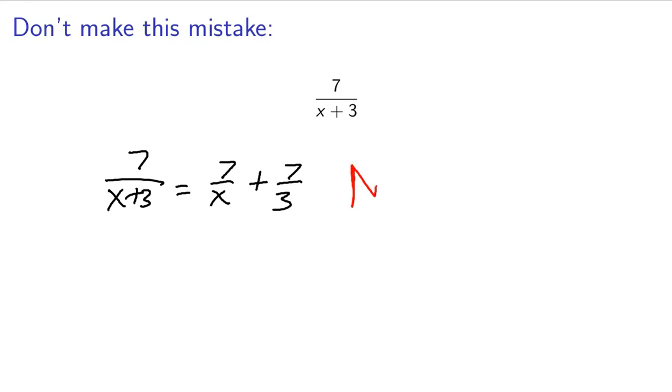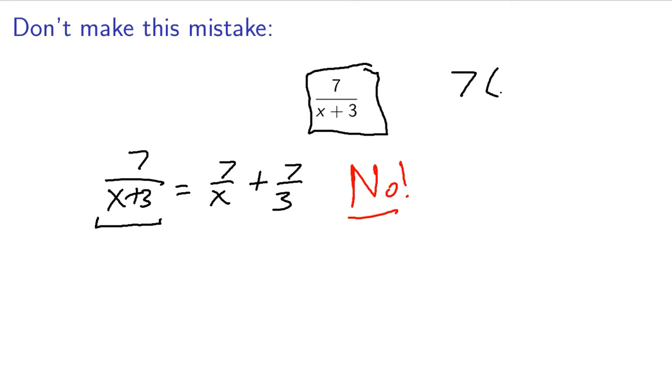The reason is the denominator: you can only separate them when the addition is in the numerator, not the denominator. So this doesn't work this way. This actually cannot be expanded any further. You can rewrite it as 7 times x plus 3 to the negative 1, but you can't expand it. This is as expanded as it gets.